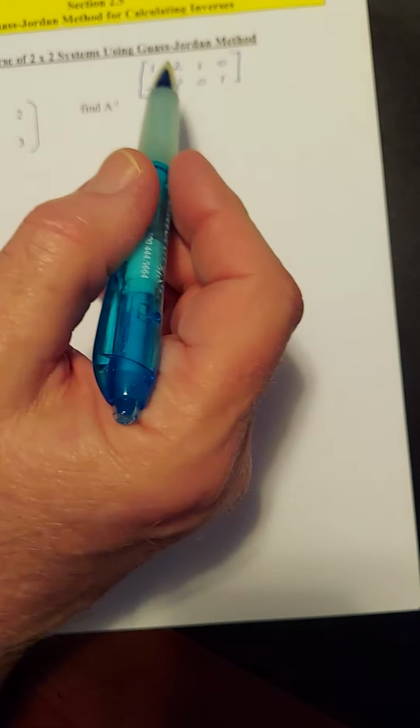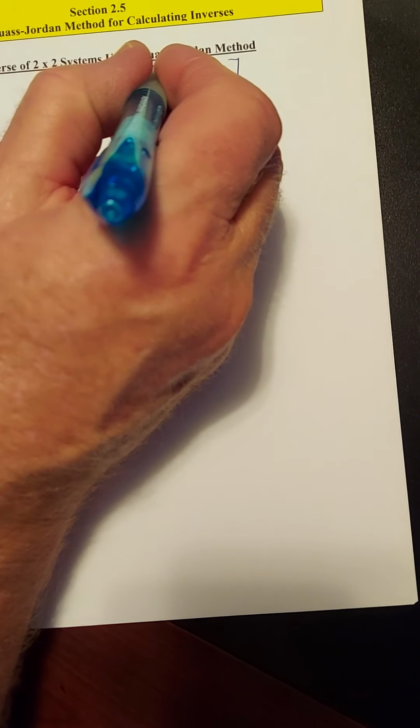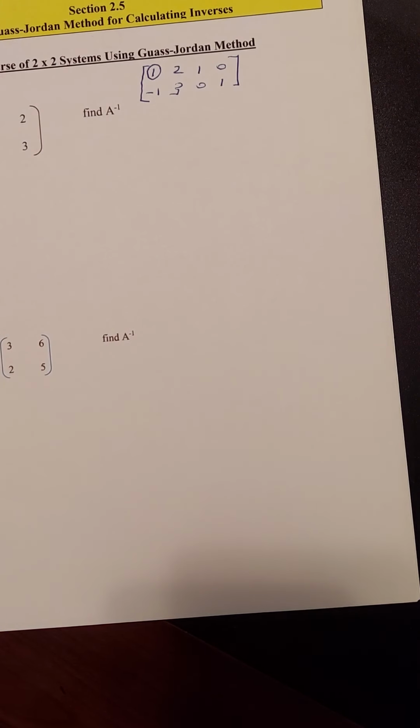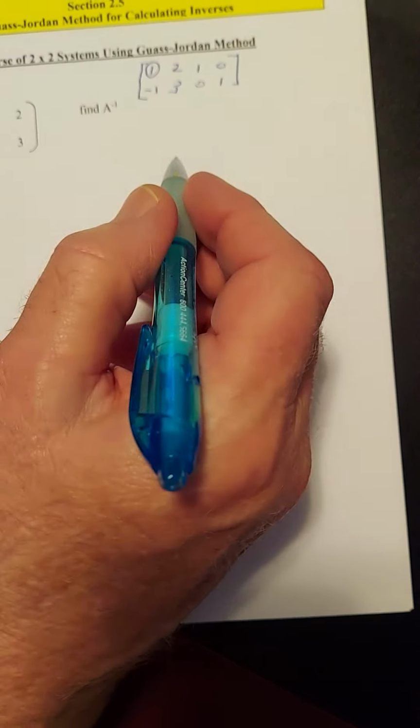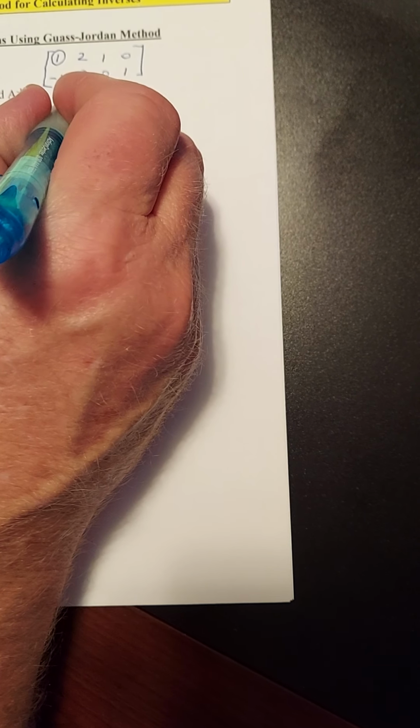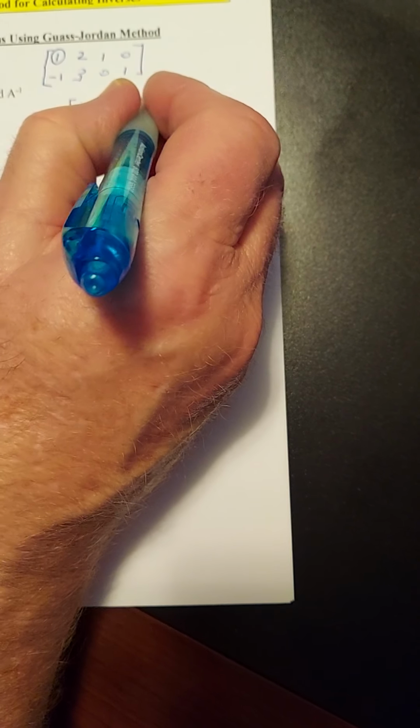And according to Gauss, we want to get a 1 here. We've got a 1, so I'm simply going to circle that. And that becomes my pivot. And once you have a pivot, you want to get a 0 below it. So the top row is going to stay the same.